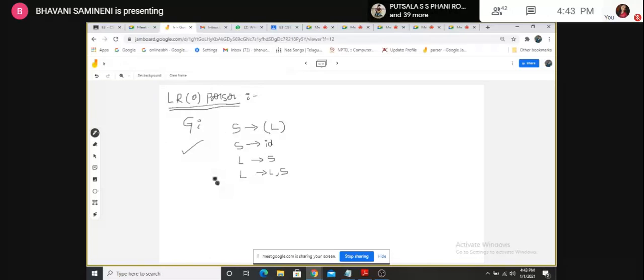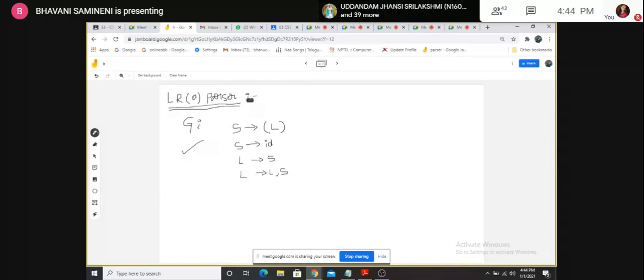If, for all the strings generated by this grammar, we are able to construct a parse tree with the help of the LR0 parser, then we can say that the grammar G is an LR0 grammar. Likewise for LL1 grammar, SLR1 grammar, and so on: if we are able to construct parse trees using a specific parser, then we call that grammar LR0 or whichever is related to it. Now we'll see how to construct a DFA for it.